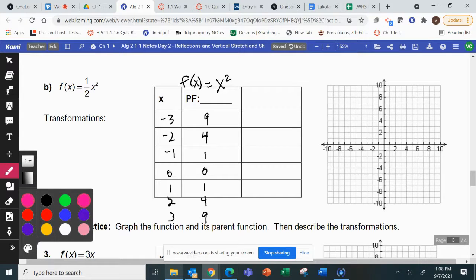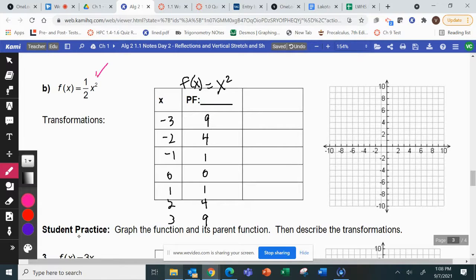Brian, we're going to do half of x squared. So this is like half times x squared. So I need to write a transformation for that. Okay, it's not being squared, it's on the outside, so it's vertical. Do you know what it is, Brian?